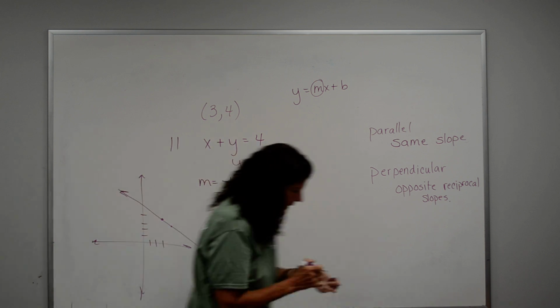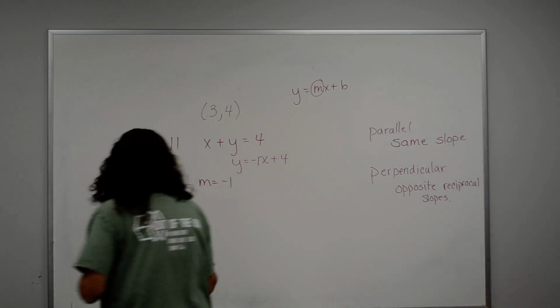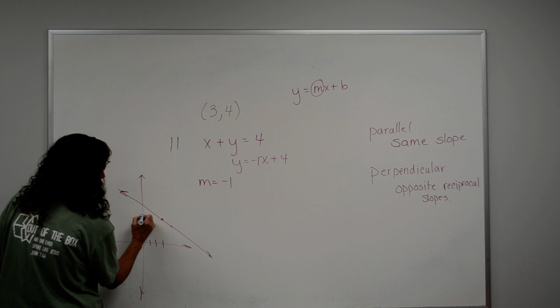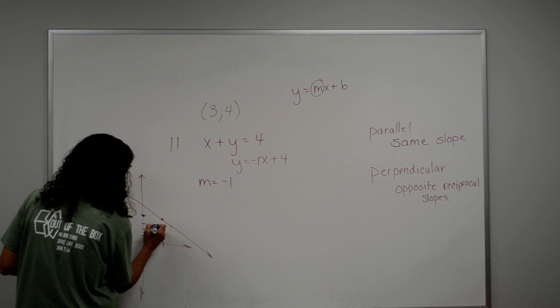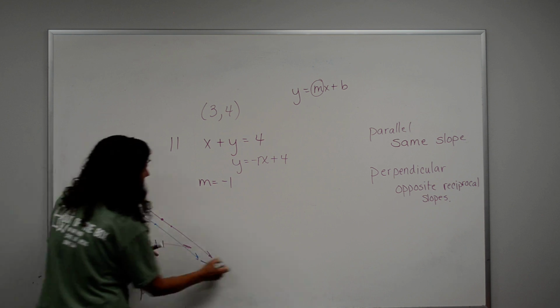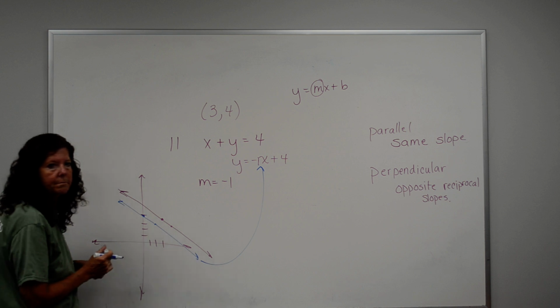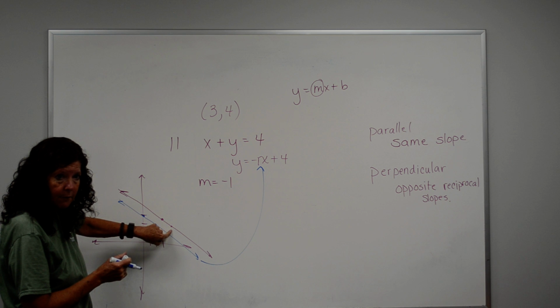If I were to graph that line right there, okay, I'm going to go up 4, then I'm going to go down 1 and over to the right 1. That is that line. I just graphed in red the line that's parallel to that, right?